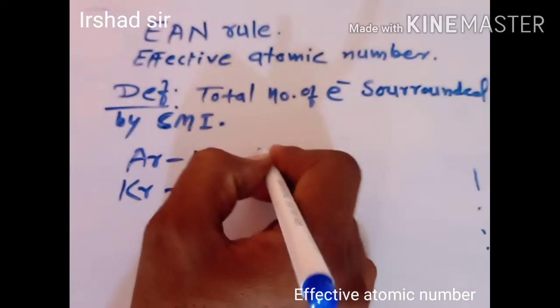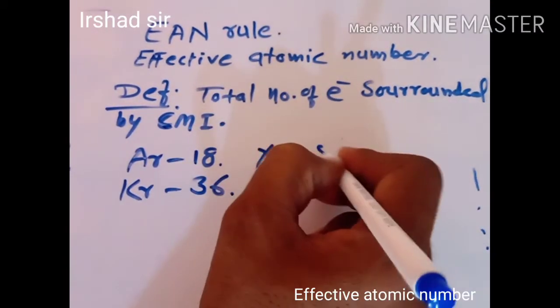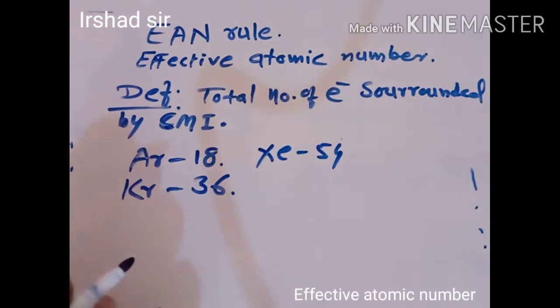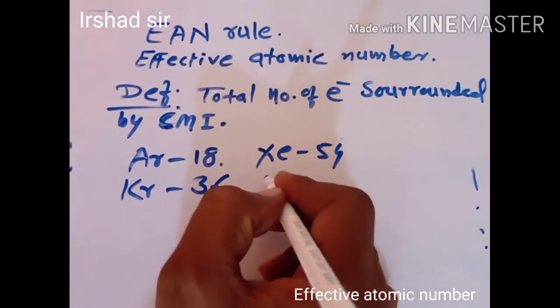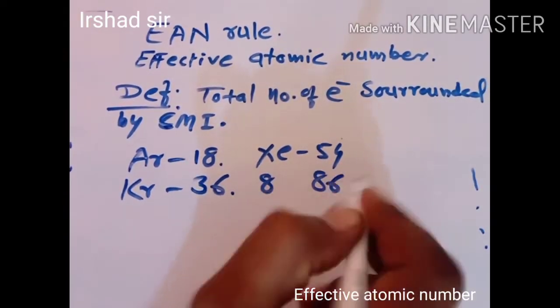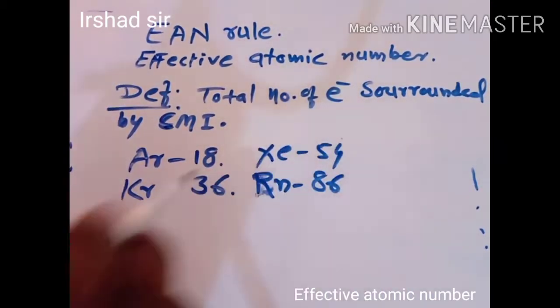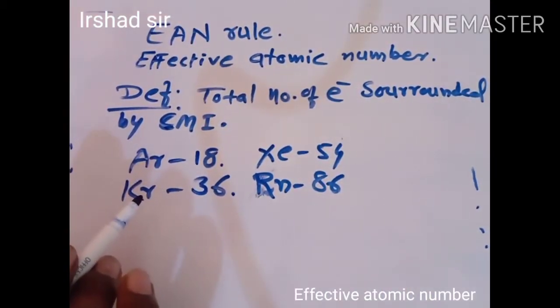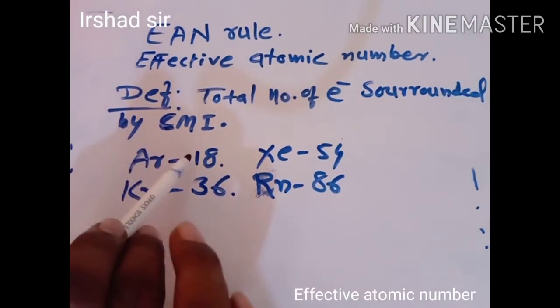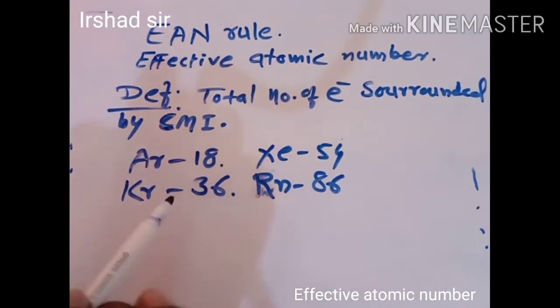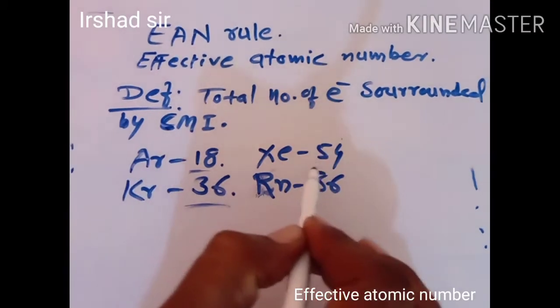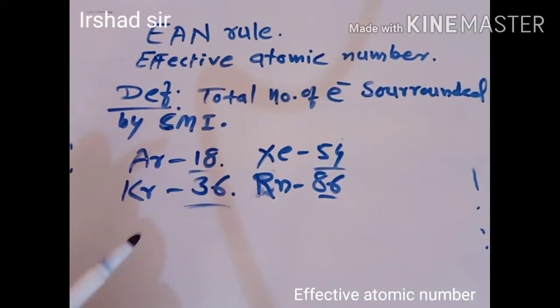Similarly, it may attain the atomic number 54, xenon, or 86, radon. So if any complex or central metal ion attains the electronic configuration or atomic number of a noble gas, then it is said that it obeyed the EAN rule.